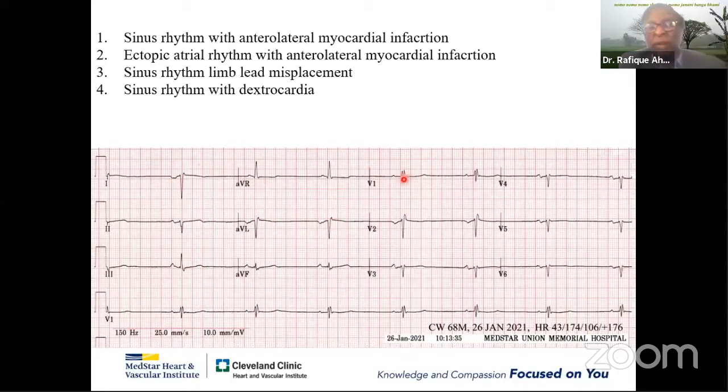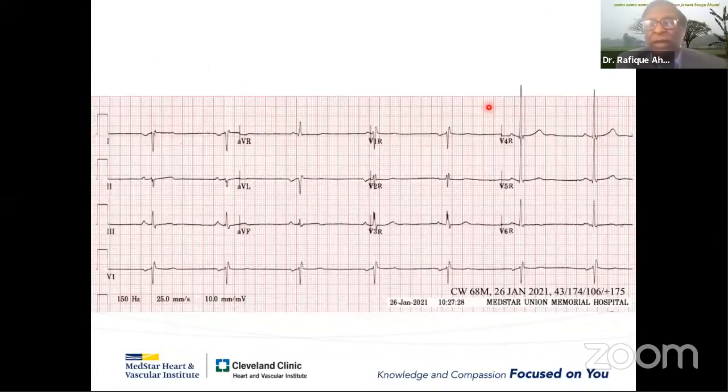However, in V1 through V6, and this was a properly placed V6 lead, this patient actually had dextrocardia. So I wonder if, for the ECG that Shahana showed, the person knew that the patient has dextrocardia and put the chest leads in the right place. And this is the same patient when I put the right-sided chest leads.